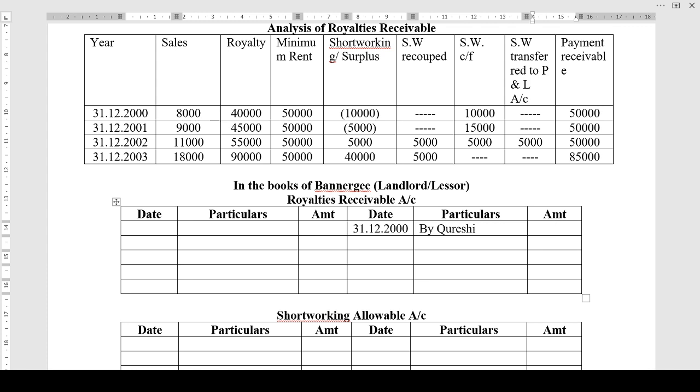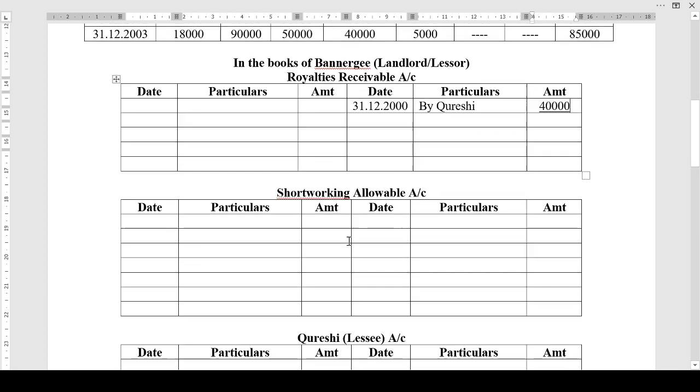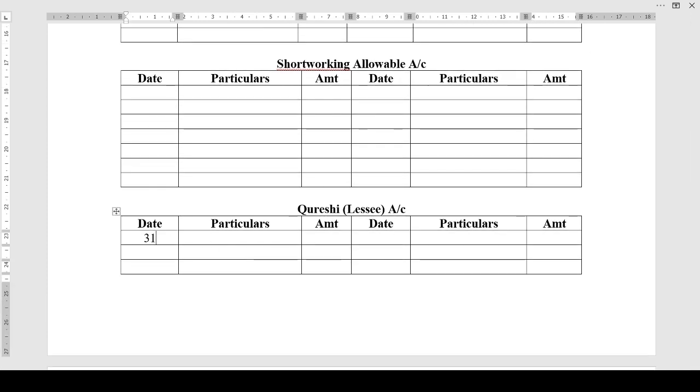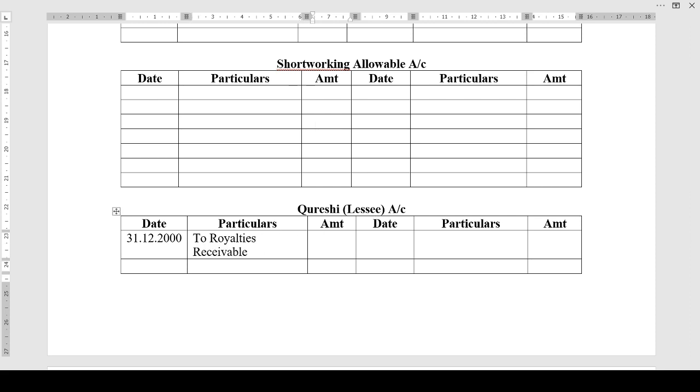And how much is the royalty? 40,000. Royalty is 40,000. So if we have said Qureshi's account debit to royalties receivable, in Qureshi's account, to royalties receivable.